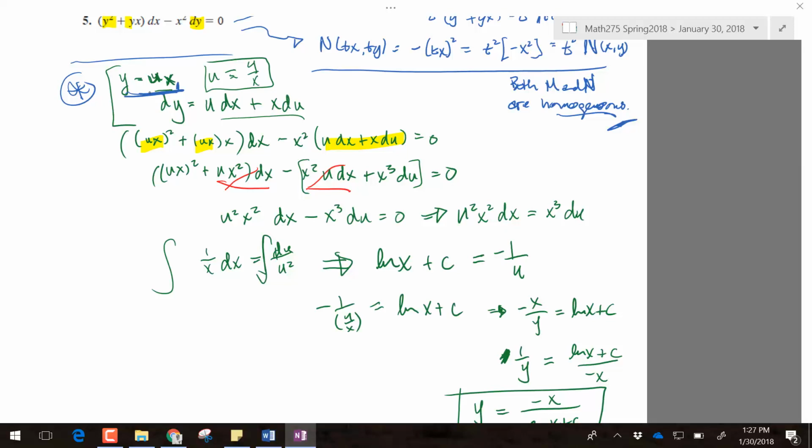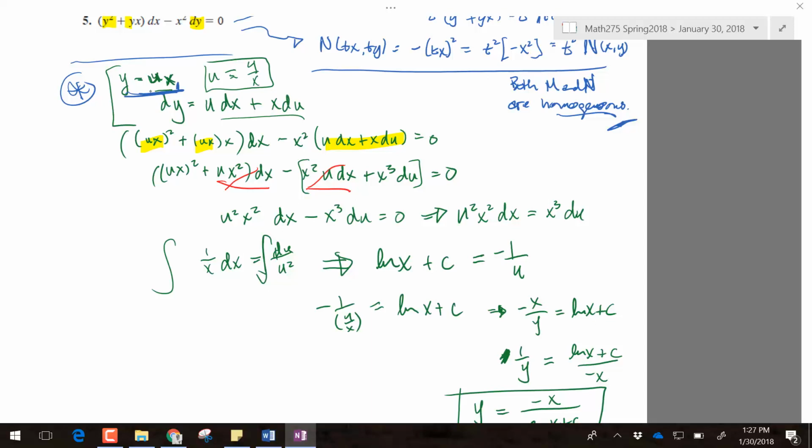So we have to assume that u is a function of x, or just a function in general, and that we're going to solve for u. When you introduce a new variable, you have to assume that new variable is still going to be a function of something. You can't treat it as if it's a constant. Okay?